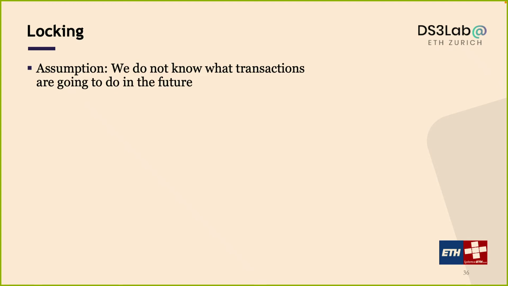is that before you can do anything, you need to acquire a lock such that other transactions know you are using this object. One basic assumption that we are going to make is, because we always show the full schedule, that might give you an impression that you know the full schedule when you make a decision.